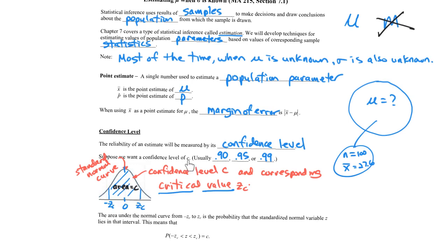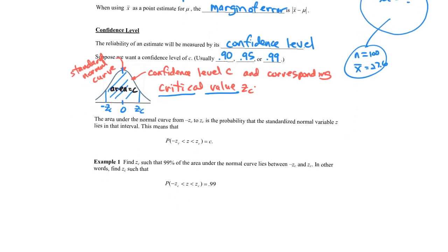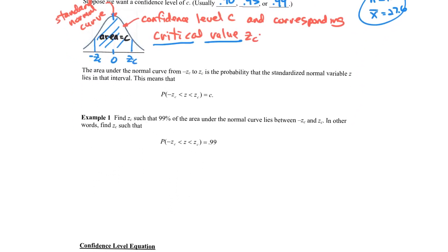If we had 68% here shaded, wouldn't this be like -1 and +1, right? So it's the same thing that we've talked about before, but we're going to call it a different thing here. So the critical value is just a z-score that corresponds to this level C being shaded. Okay, so it's something we've seen before. I guess it's a little bit different context, but same idea.